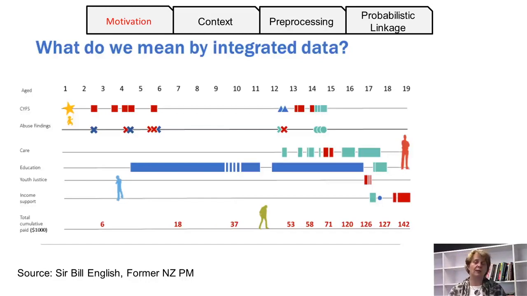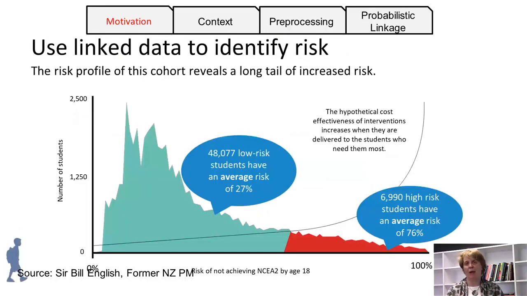So you can use these data. Obviously that tells a story about what's happening to that individual, but you can also use these data to help identify risk, for the predictive analytics that can help allocate resources. So here's an example again from Sir Bill English, which takes a look at predicting whether or not a child in a particular cohort in New Zealand finishes their educational qualifications, the NCEA2.